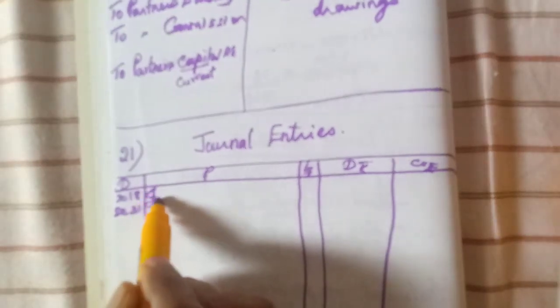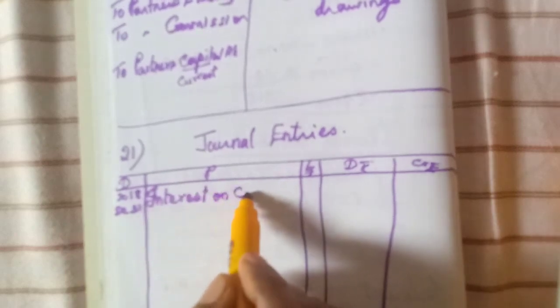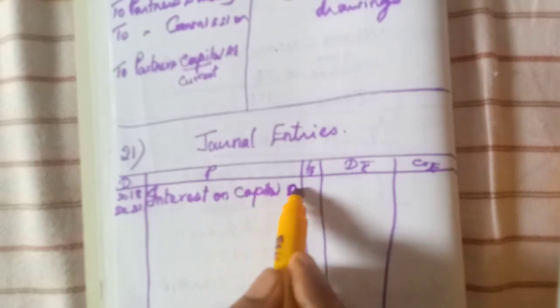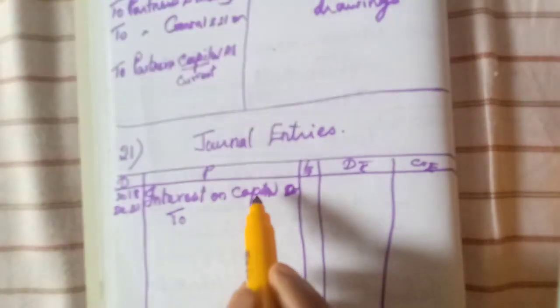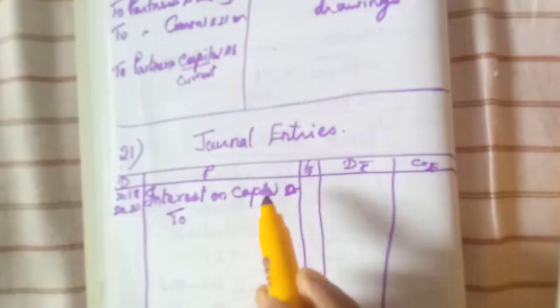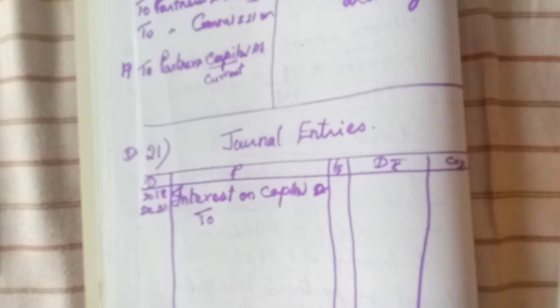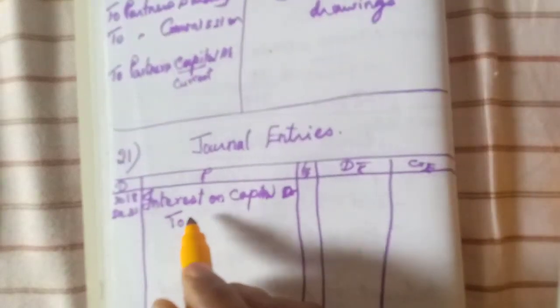So interest on capital account debtor to partner's capital account, isn't it? Not current account, because in the last line it is given fluctuating. Assume that the capitals are fluctuating. So since it is fluctuating, we have to write capital only, not current account.